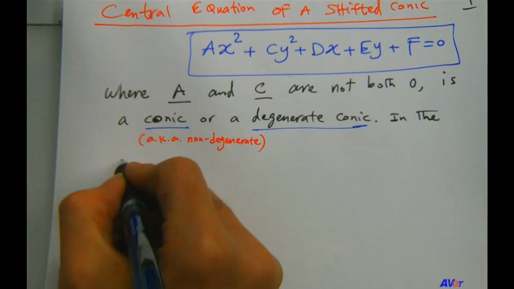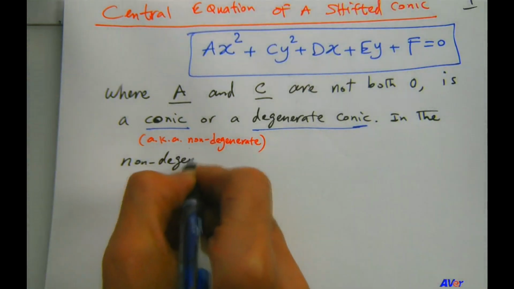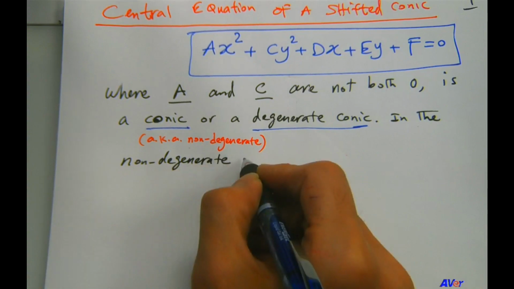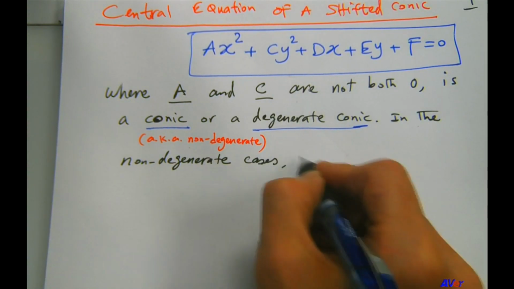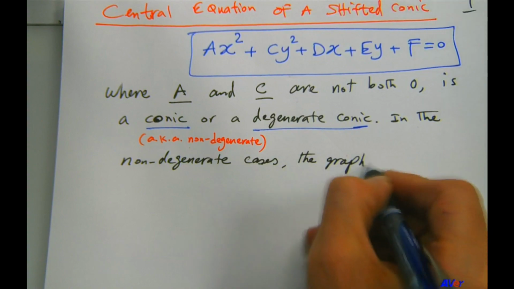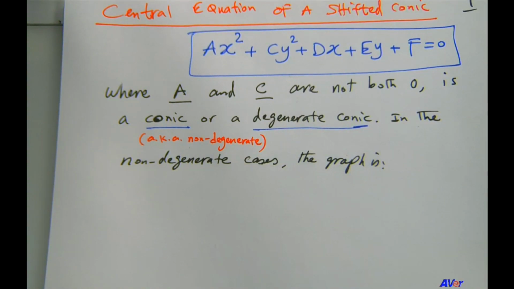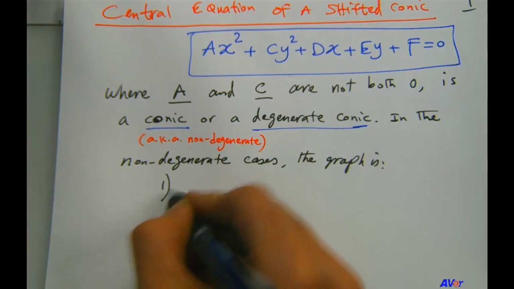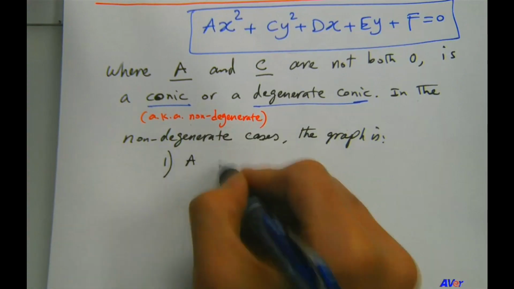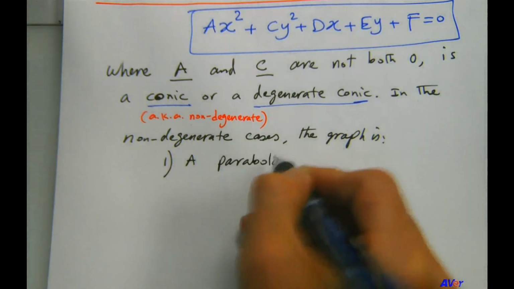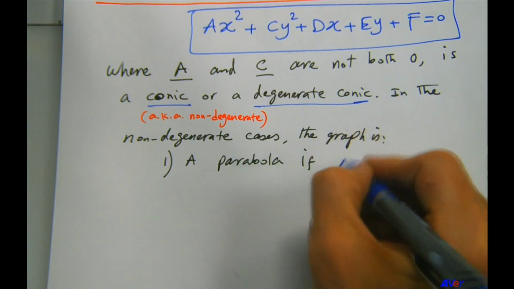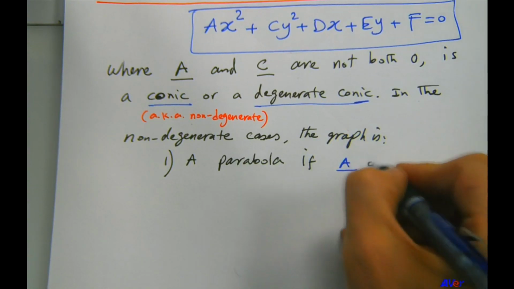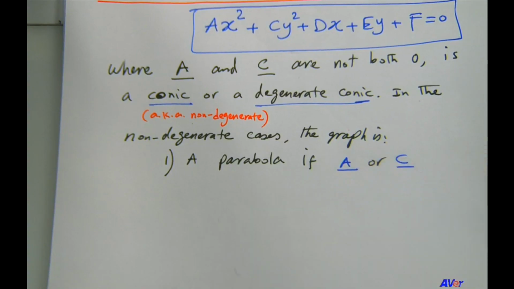So in the non-degenerate case, these are the cases we've been looking at so far. In the non-degenerate cases, the graph is: 1, a parabola if A or C is 0.